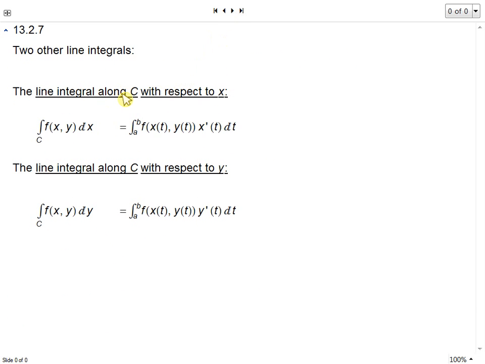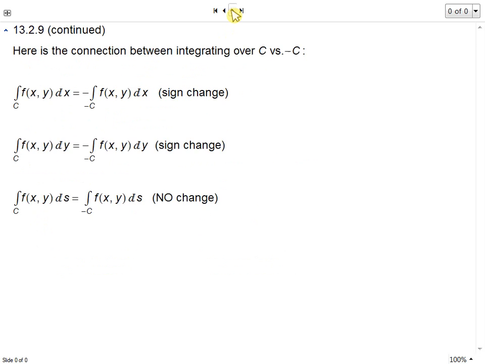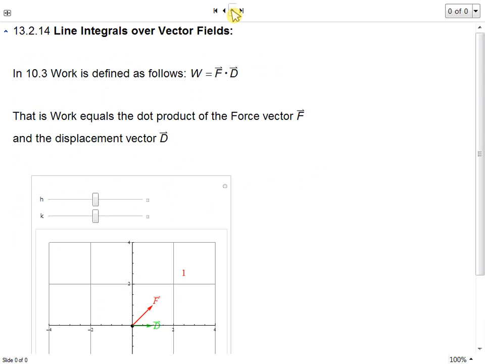Line integral along a C, right? Our C was a curve. That's it, right? We're doing a line integral along a curve. Now what we're looking at is a line integral over a vector field.